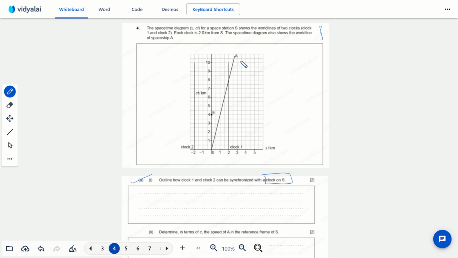So here it's the spaceship whose velocity we are trying to find relative to this space station. So we need to find its gradient relative to this spatial axis.